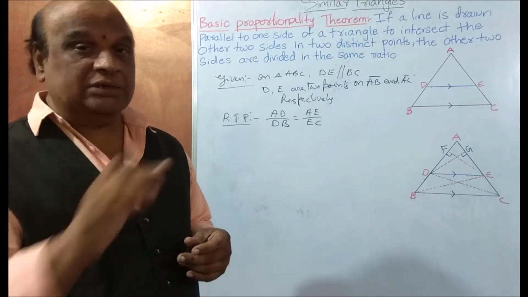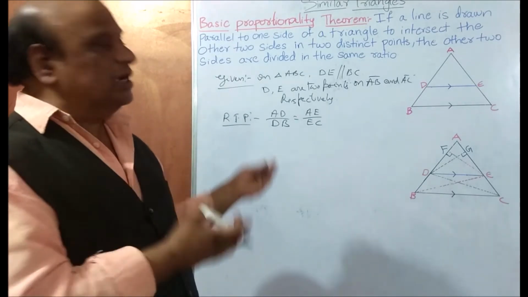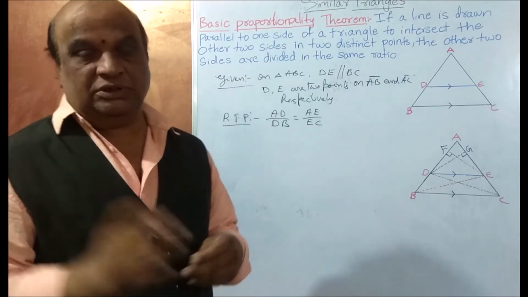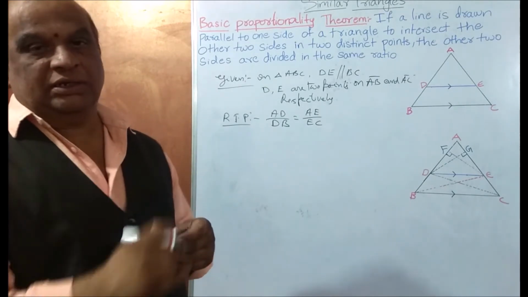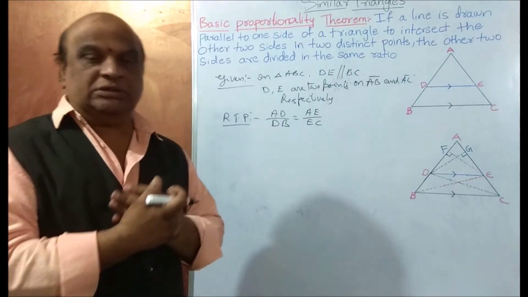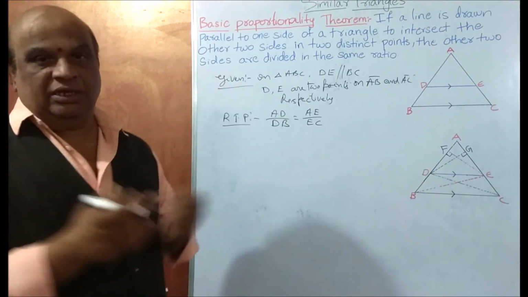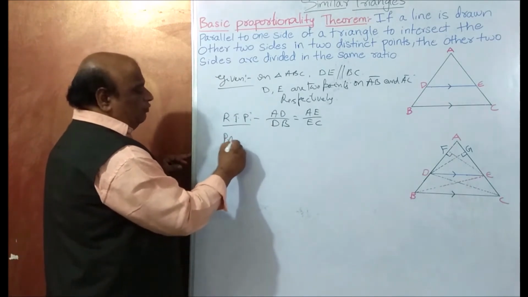This is the easy method and the first method. When we are using similarity, we need not construct anything. Directly you can write the proof.